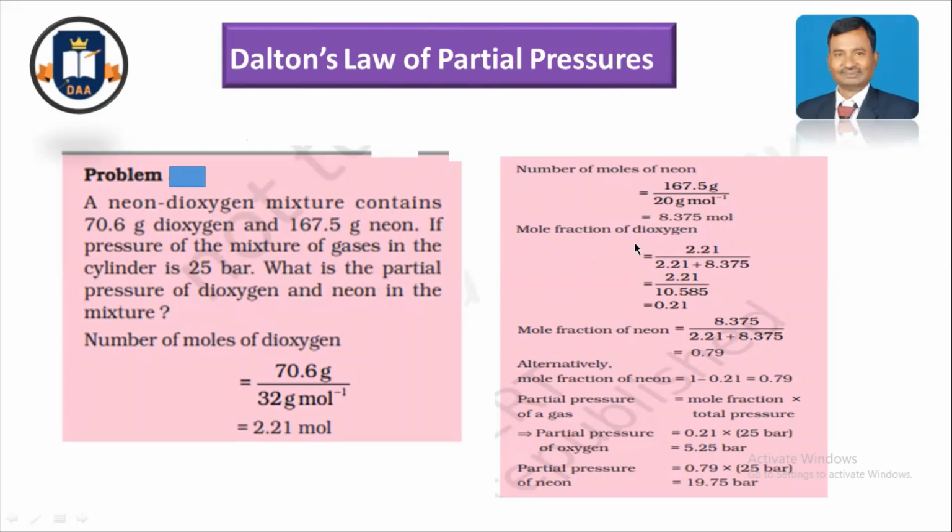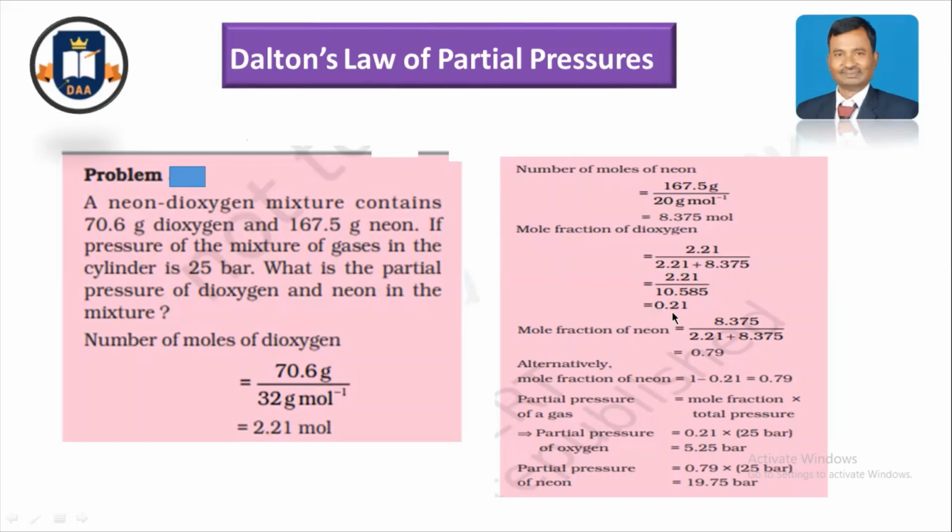So now, what will be the mole fraction of dioxygen in this neon dioxygen mixture? We know the mole fraction of dioxygen will be the number of moles divided by the total number of moles involved in the mixture. So the mole fraction of dioxygen is 2.21 divided by 2.21 plus 8.375.